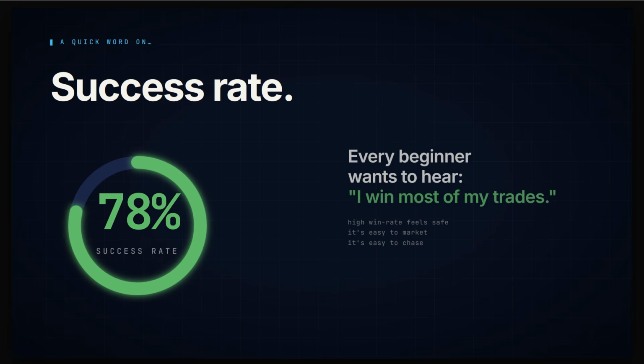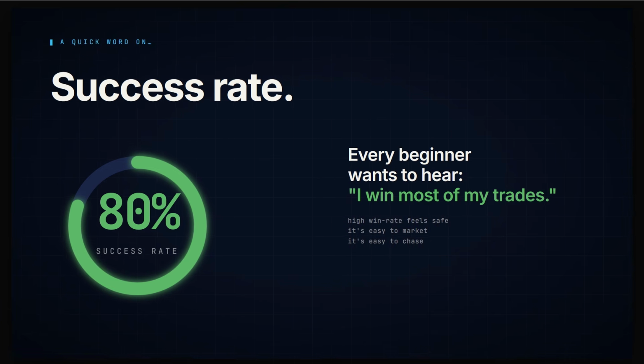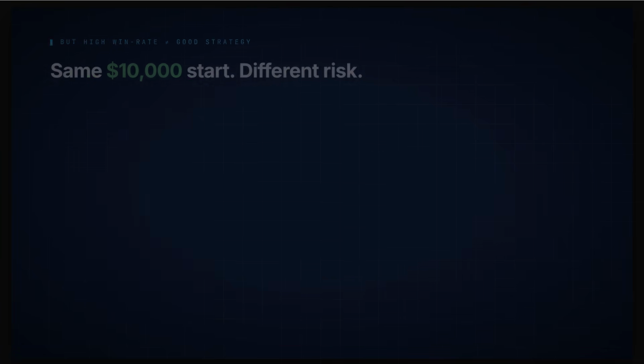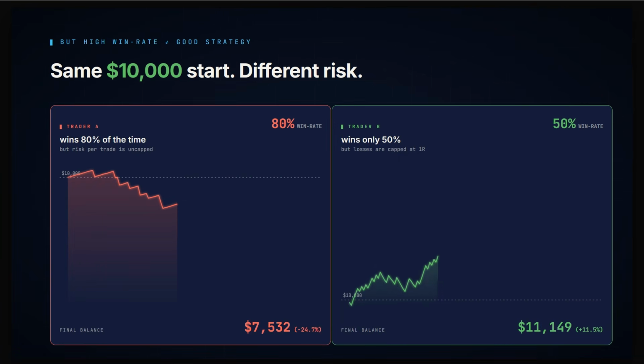A quick word on success rate. I specifically choose to find the best settings for this in this video because I know that many beginner traders out there are always aiming for strategies that have high success rates. As much as I understand this, I would recommend optimizing for risk-adjusted returns such as expectancy and profit factor.